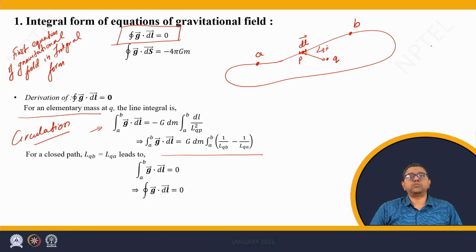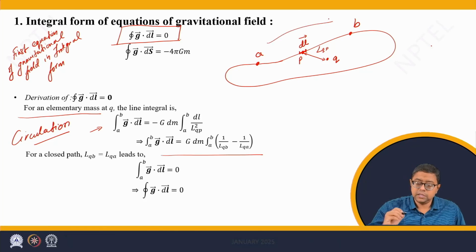Now, LQP square is a function of the location P. As the location varies from A to B, the distance LQP changes.